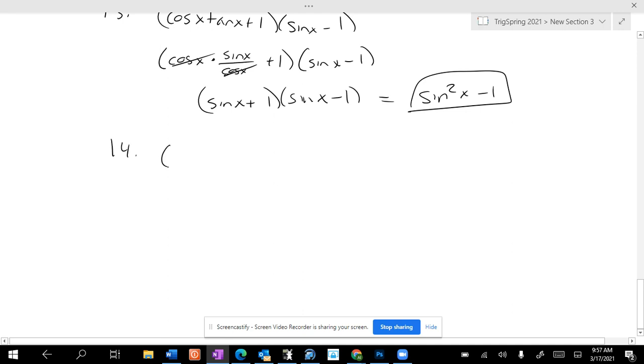14. 1 plus cosine of b times 1 minus cosine of b, sine of b, or cotangent of b, sine of b. Okay, 1 plus cosine of beta, 1 minus, what do we change cotangent into, Trey? Where's your note card? Come on, Trey.